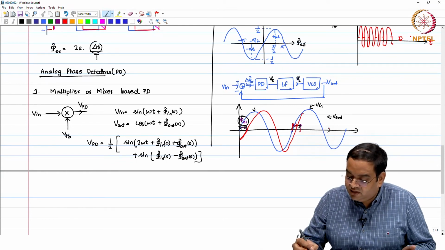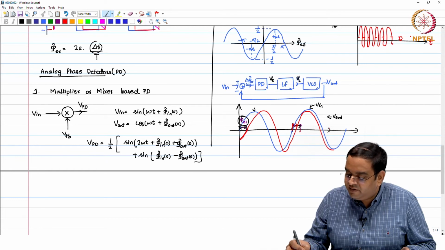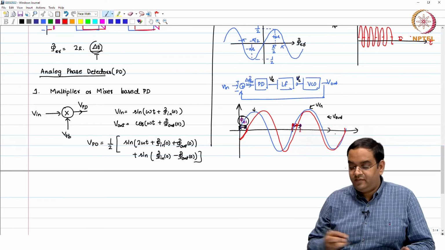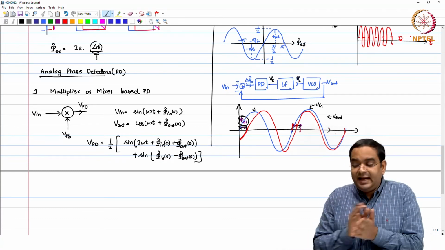Because you still detect the phase error, the frequency may increase further, and at some point you will find that the very next sine wave comes closer to this. The blue and red align.